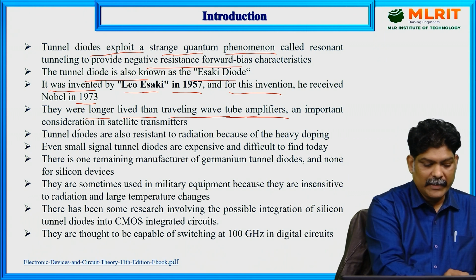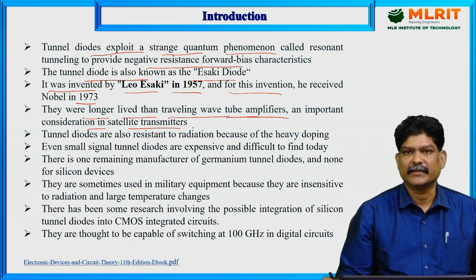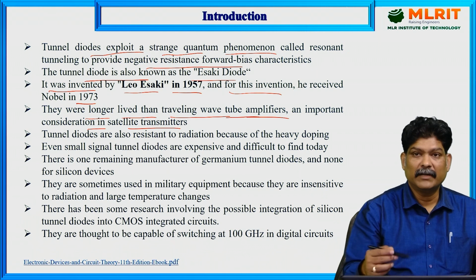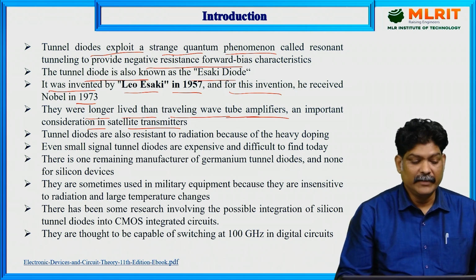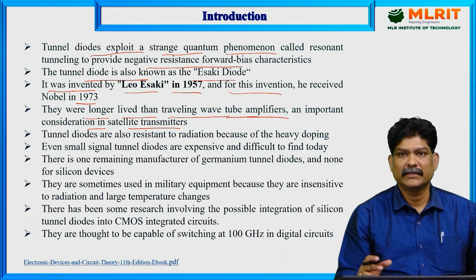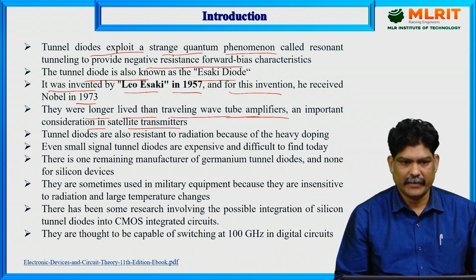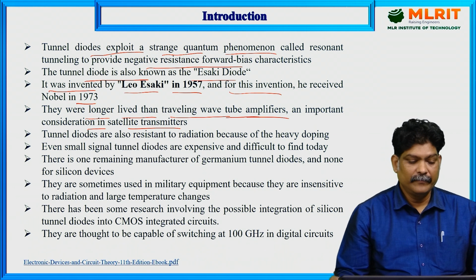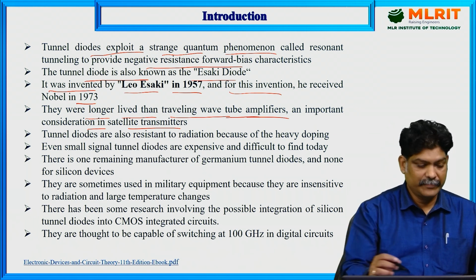This is an important consideration in satellite transmitters. The tunnel diodes were longer lived than traveling wave tubes because the maintenance is very low and they are compact.